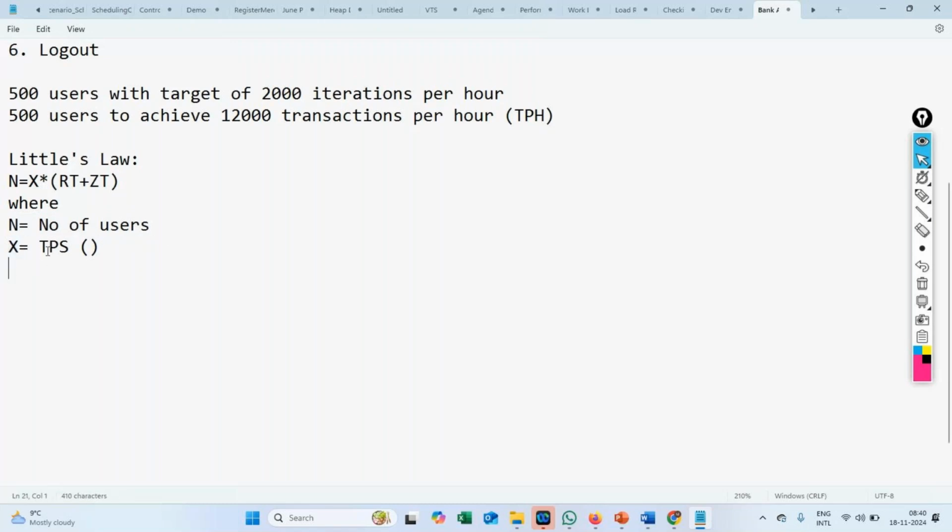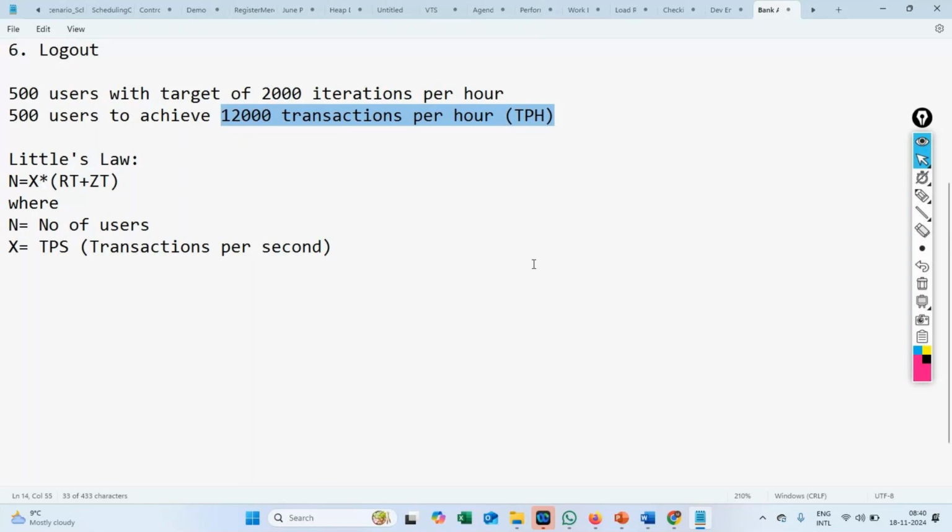Okay, then what about this x value? X is nothing but TPS, transactions per second. How are we getting these transactions per second? I'll tell you a simple shortcut. Whatever TPH you get, if you divide it by 3600, that will become TPS.